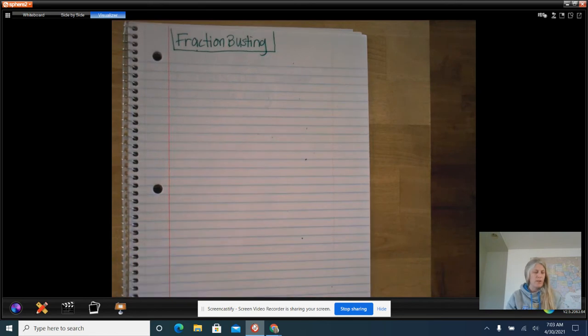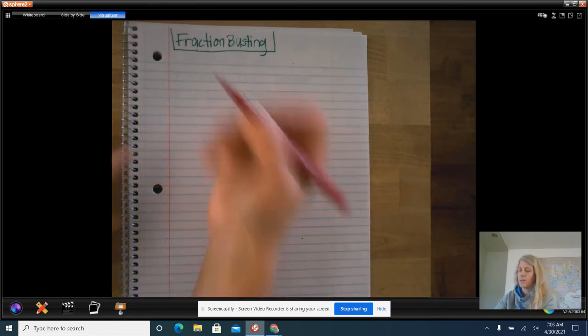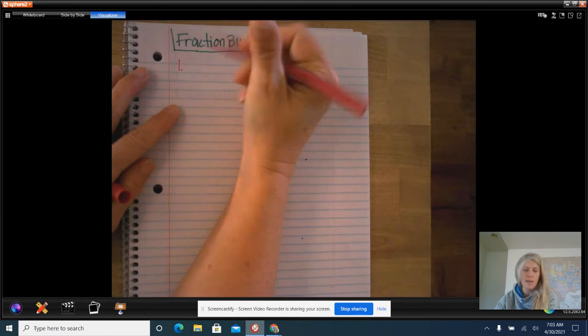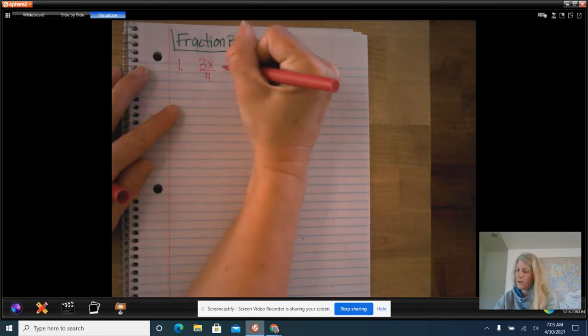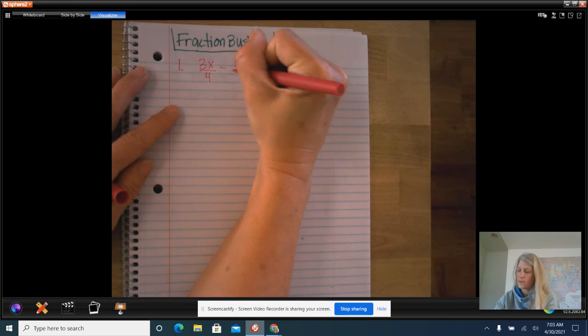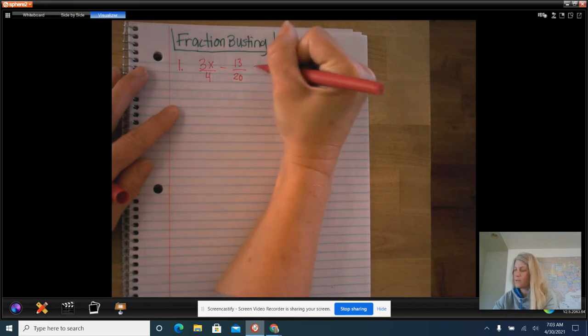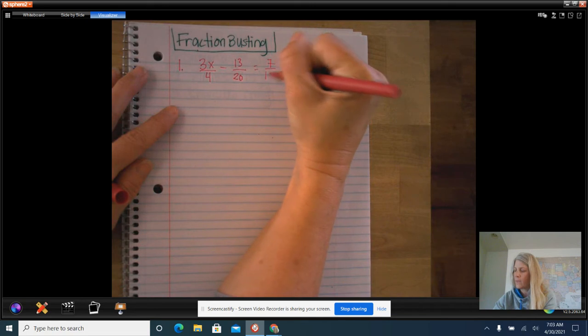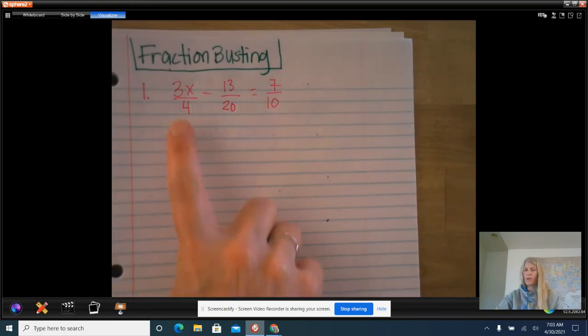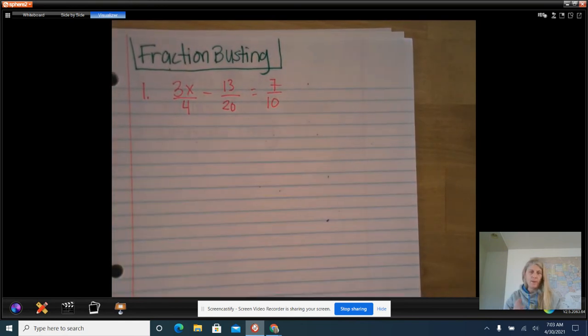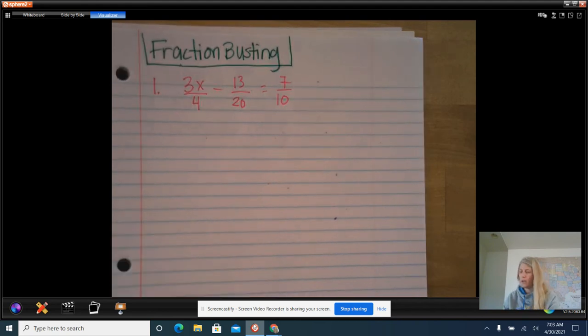So our first example that we're going to solve using this method is 3x divided by 4 minus 13/20 is equal to 7/10. So our goal is to get rid of the denominators. By doing that, we're going to take a look at the denominators and look at their multiples.